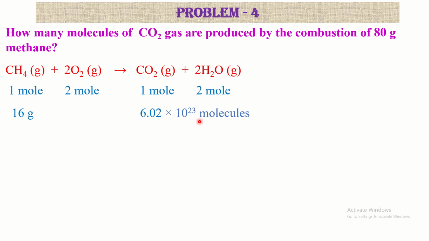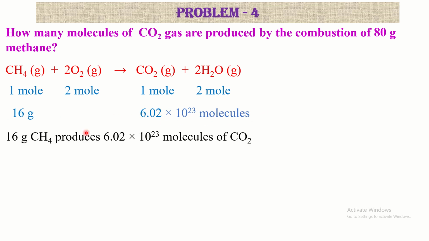So now we can write, after combustion of 16 gram methane, 6.02 into 10 to the power 23 molecules of carbon dioxide is produced. Therefore for 80 gram methane, at first we will write 1 gram methane produces 6.02 into 10 to the power 23 divided by 16 molecules of carbon dioxide.